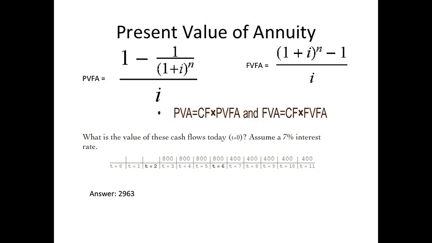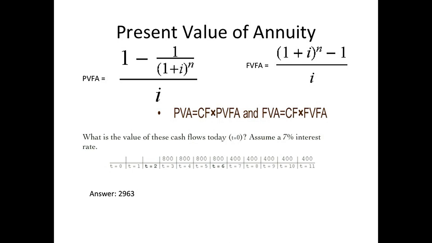The present value of this annuity stream will be located one period before the start of the stream, which in this case is time 2. So PVA equals the cash flow, 800, times the present value factor, and that single sum is located at time 2, which you then need to bring back to time 0 using the single sum formula, discounting two periods. That's the first part of the problem.